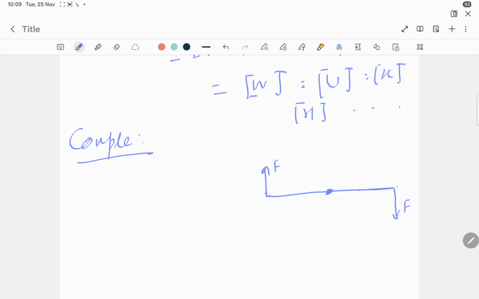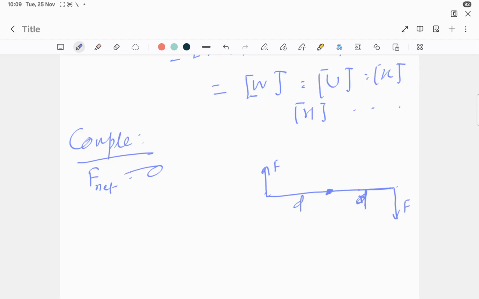and let the distance between, let me call it D, and this is also D. So we can say that here net force is 0, and net force 0 implies no translational motion.